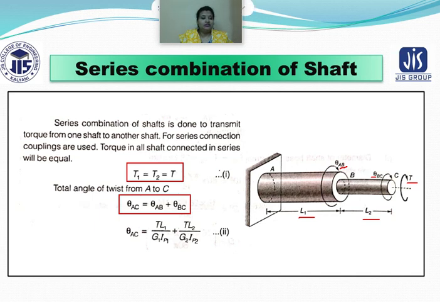So from the second equation, it is totally clear that theta AC is equal to T into L1 by G1 into IP1 plus T into L2 by G2 into IP2. So this is the basic concept of theta AC, and this has been provided here.